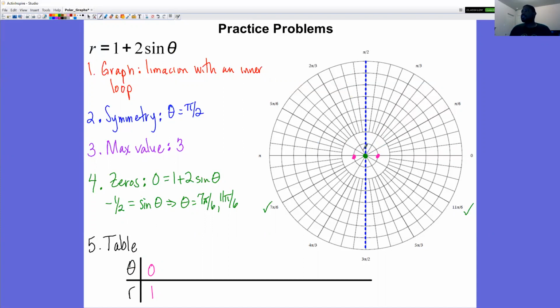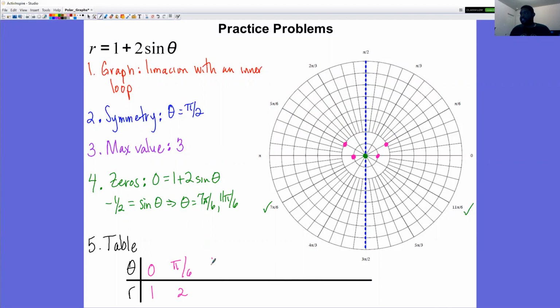Now I'm able to use this line as a guide to help me get more points, so I won't have to plot a whole lot of points here. At pi over 6, I'm going to get a value of 2 when I plug that into r. So at pi over 6, it's 2 here, and at 5 pi over 6, it's also 2 because of the symmetry.